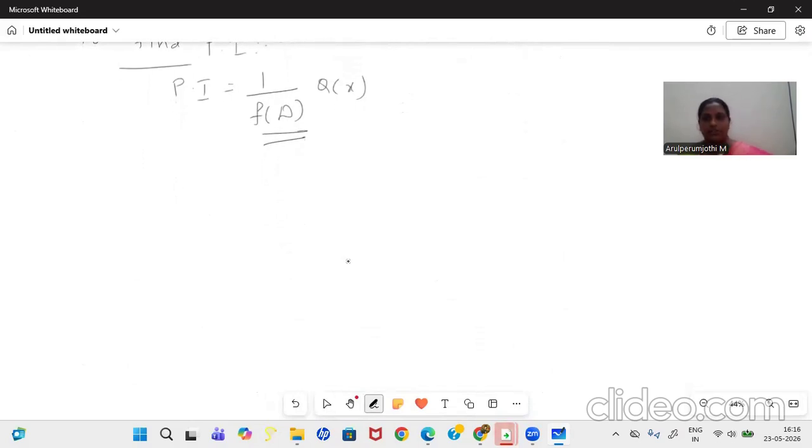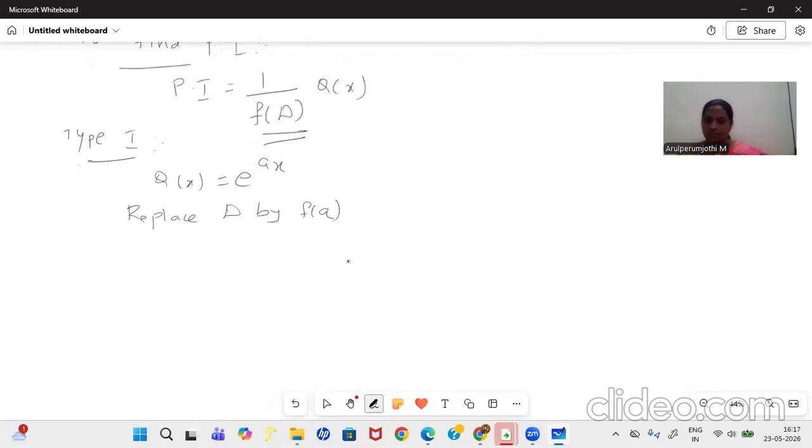So there are 5 types to find the particular integral for constant coefficients. Let me explain the first type. So what is type 1? If your q of x, that is your right hand side of the differential equation, is in the form of e^(ax), then replace D by a.